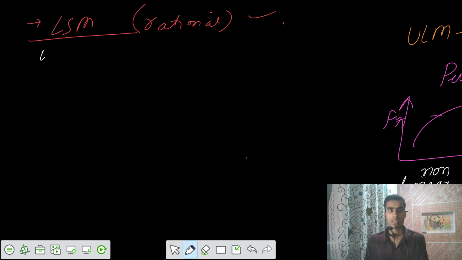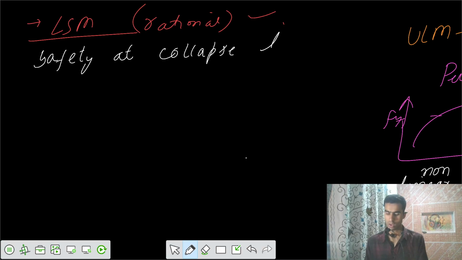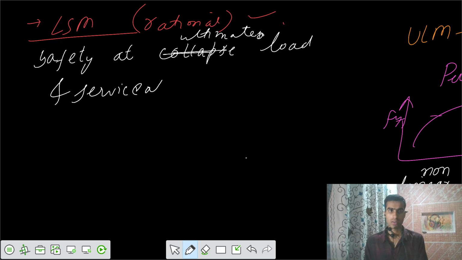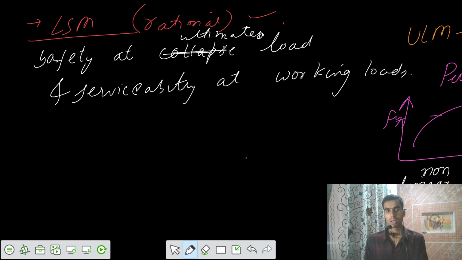It says that I want safety at collapse loads, or we can say ultimate loads, and serviceability at working loads. So it ensures both serviceability and safety, at two different levels.